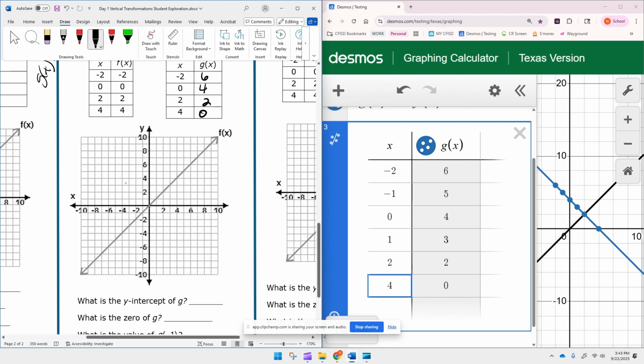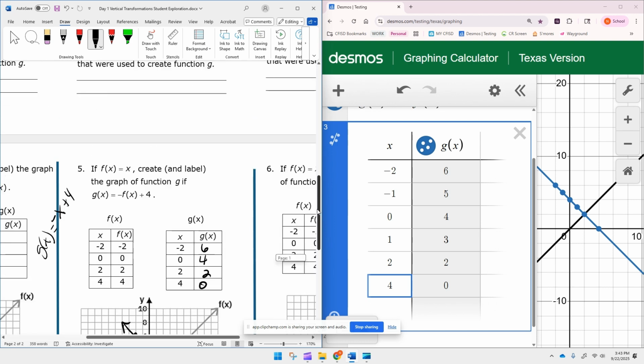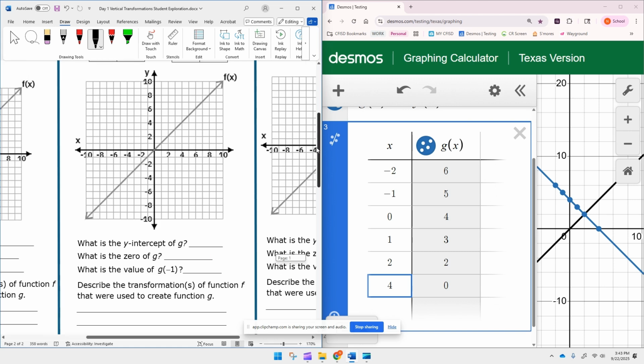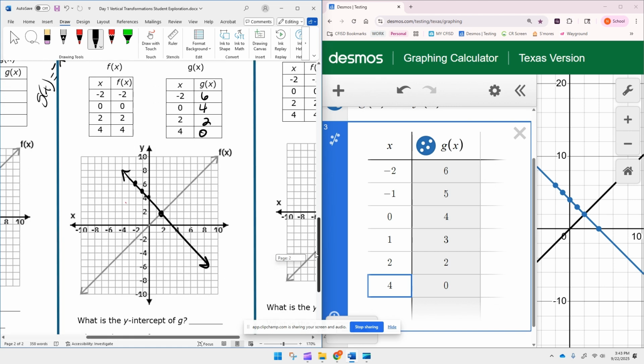So those are the things that we're doing there. Let's go ahead and graph. We've got -2, +6. We've got -1, 5. And if you notice, this has a slope of -1. Now, there's also another interesting thing that we're going to talk about in a few days: these lines are not parallel. They're intersecting, but they're intersecting in a special way that's very different from how number 3 and number 4 were intersecting.